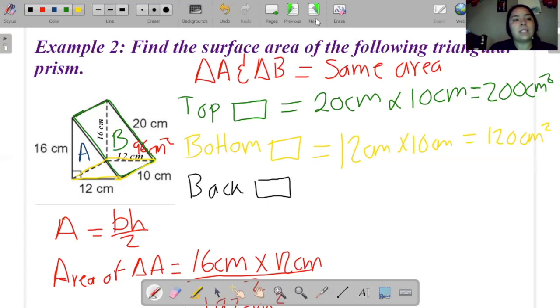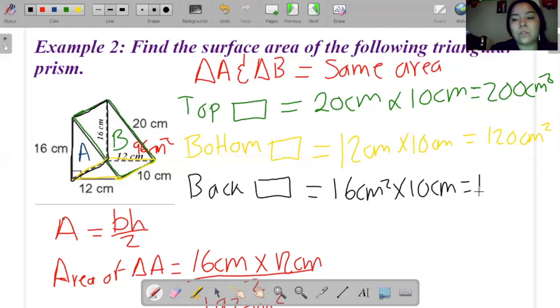Now let's do the last rectangle. So this is the back rectangle here, right? So this one has a length of 16 centimeters and a width of 10 centimeters, which is equal to 160 centimeters square.